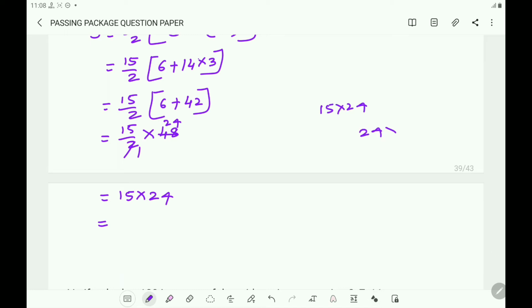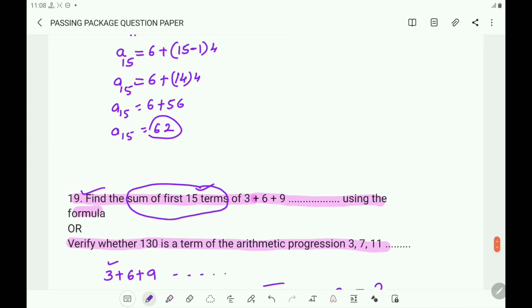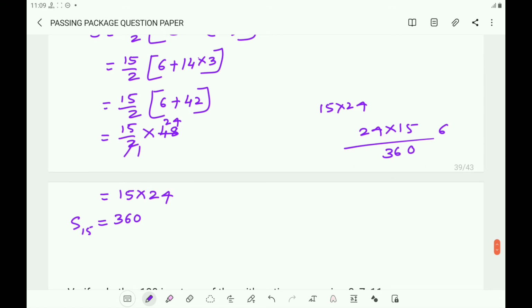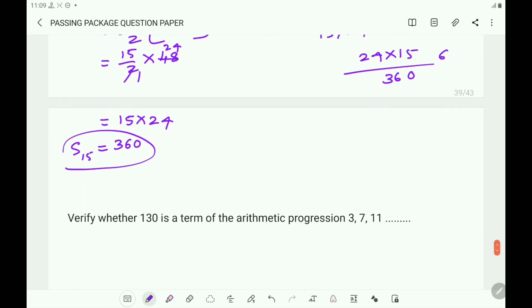Also you can do it as 24 into 15. So 15 4s are 60, 15 2s are 30, 30 plus 6, how much? 360. So here S15, the sum of first 15 terms of 3 plus 6 plus 9, is how much? That is 360.